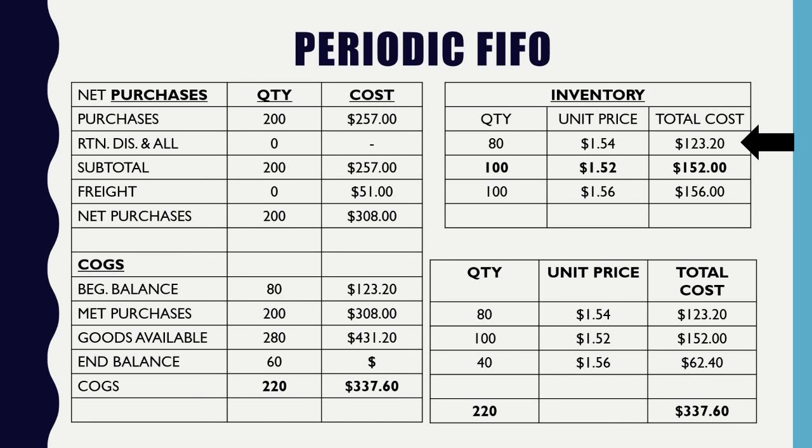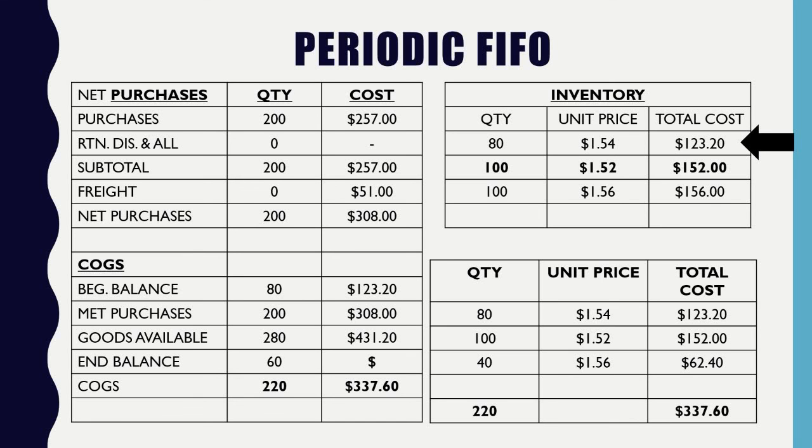And then I'm going to dip into the second batch, which, if we take out the full 100, is 100 for $152. And then we know that we have 40 items remaining. We're going to dip into the third batch and calculate the per unit rate, cost per item.